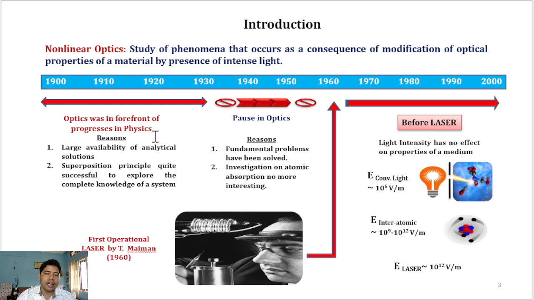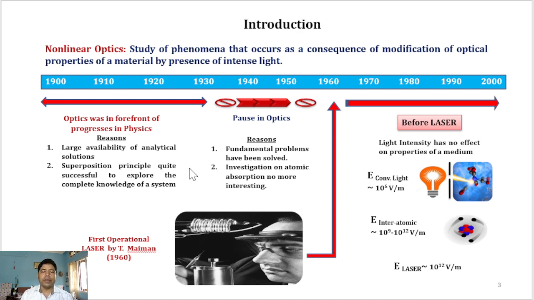What was the reason? There were two reasons. First one is the large availability of analytical solutions. When we interacted light with material, we were able to see phenomena like reflection, refraction, interference, diffraction.